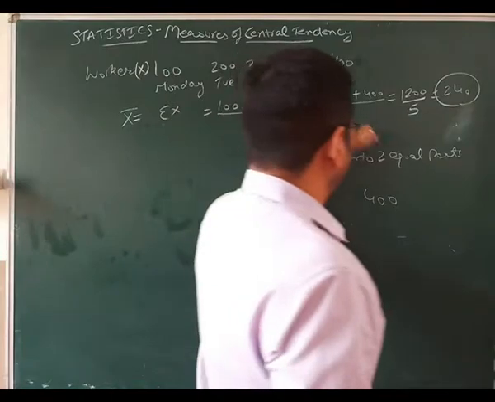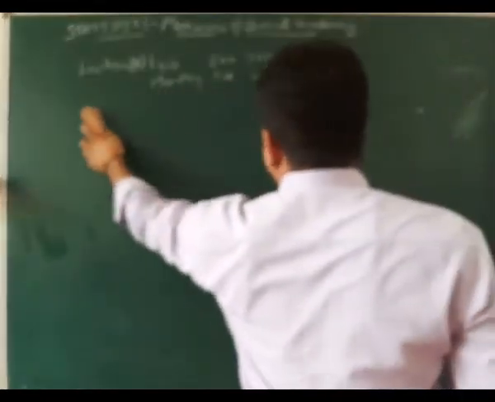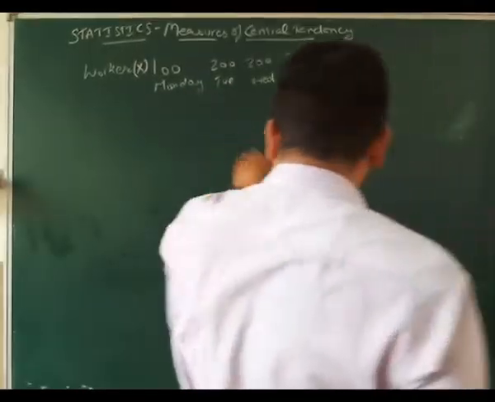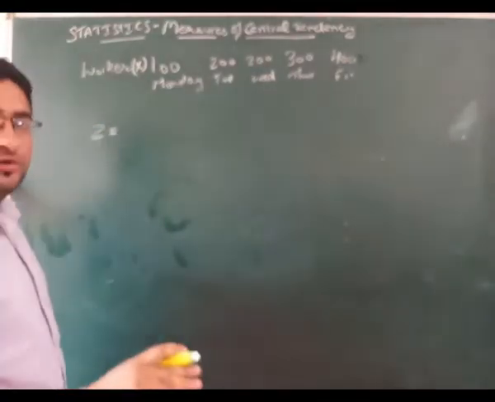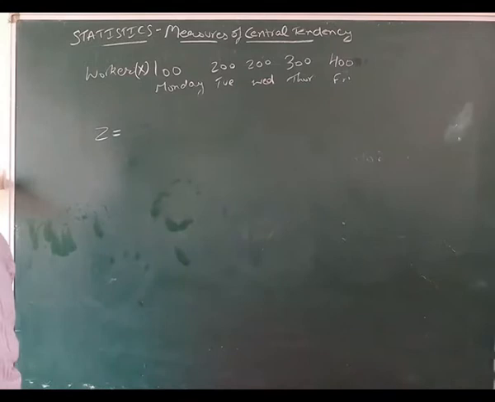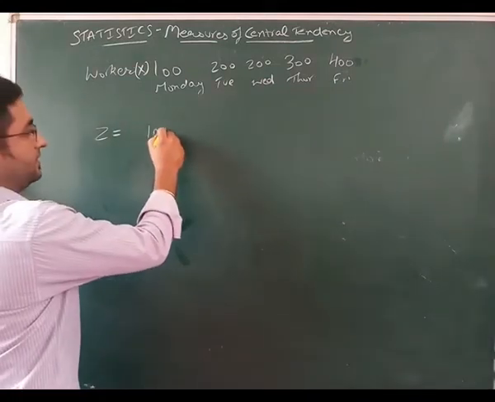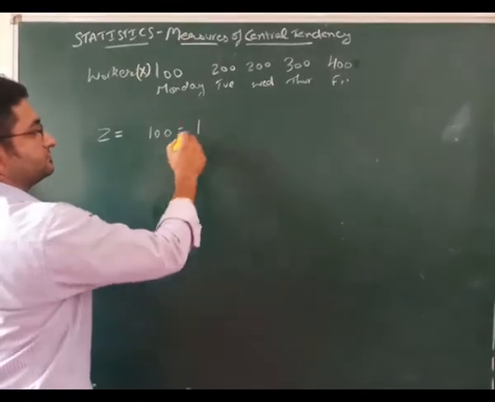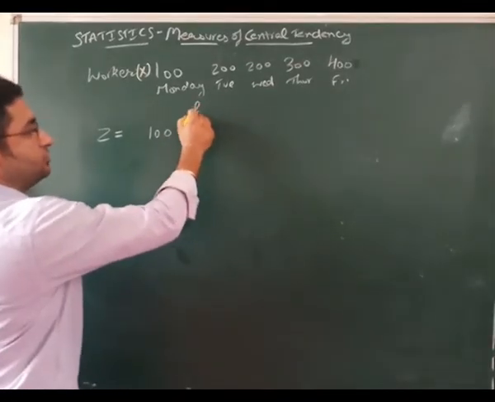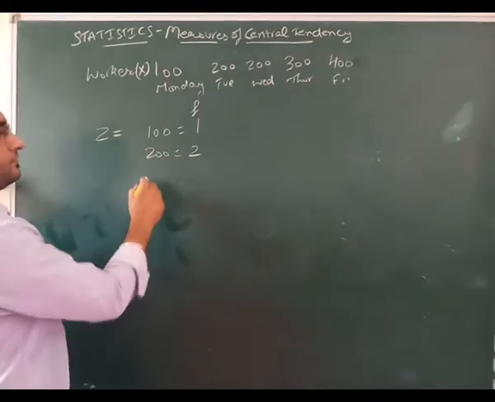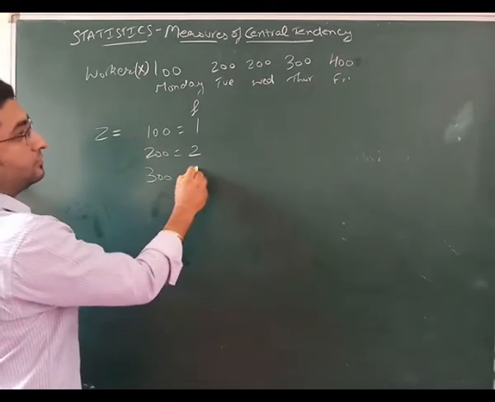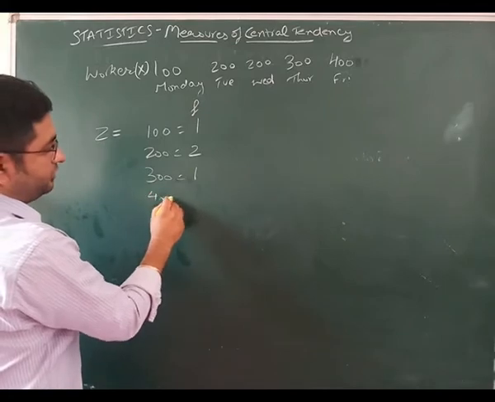Now let us understand what the mode of this series would be. Mode is the value which has the highest frequency or the highest occurrence. See, 100 has occurred once, so its frequency is 1. 200 has occurred twice, 300 has occurred once, and 400 has occurred once.